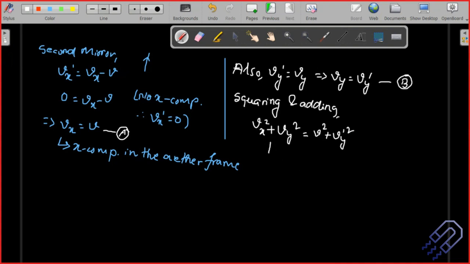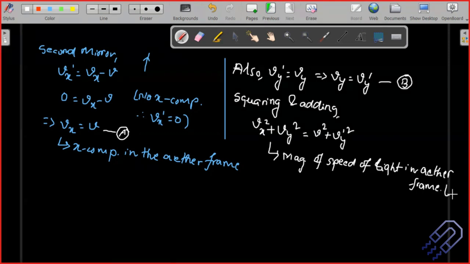What is this Vx square plus Vy square? If we are considering that the speed of light has got a y component and an x component, and if we square both of them and add them up, this is actually representing the magnitude of the speed of light. So the left hand side is the magnitude of the speed of light in the ether frame, and we are considering it to be c.